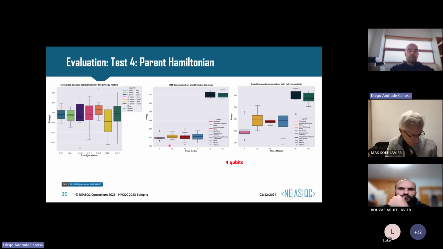The same test for the parent Hamiltonian, although in this case the emulation only achieved a circuit of 4 qubits because the circuit is quite complex, and obviously it is very hard to provide a noisy emulation. So they have the results for the ideal scenario, for the IBM noise scenario, and for the quantum scenario.